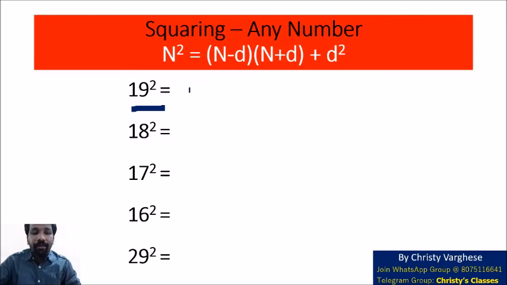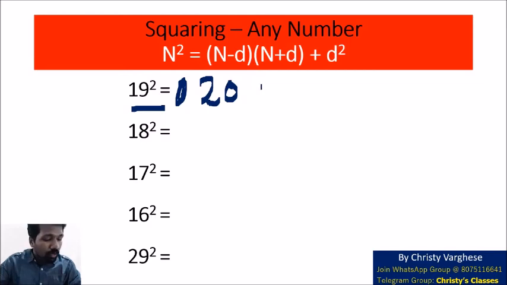19, you should relate it to 10 or 20. Definitely you should relate it to 20, because 19 square is 19 into 19. So the first 19, make it 20 by adding a 1. Previously you subtracted, here you are adding. If it is 19, you add 1, so 20.